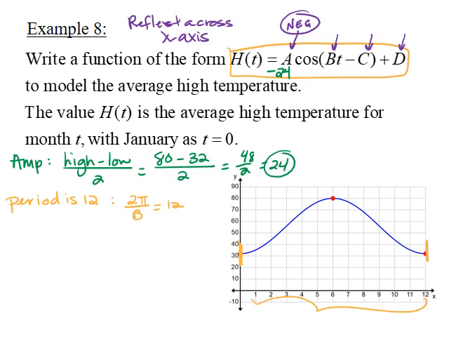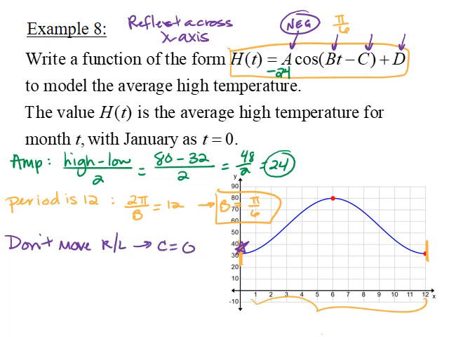If I solve this for b, I will find that b is equal to pi over 6, which means this value here is pi over 6. We can see that this graph is starting at 0, so we don't move right or left at all. So C is equal to 0, so we won't have anything there.